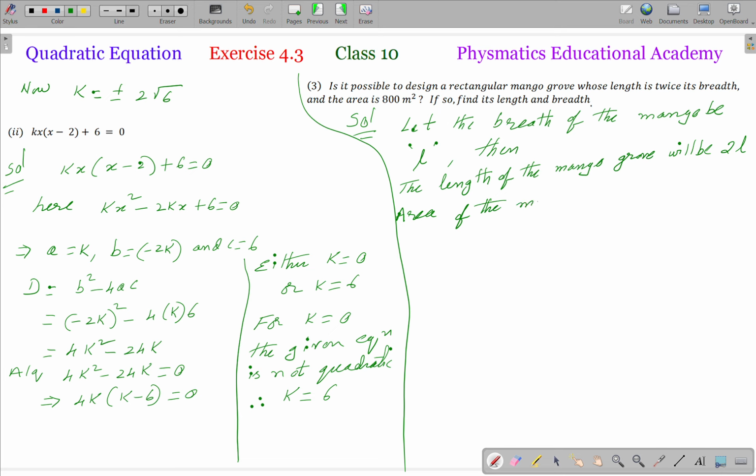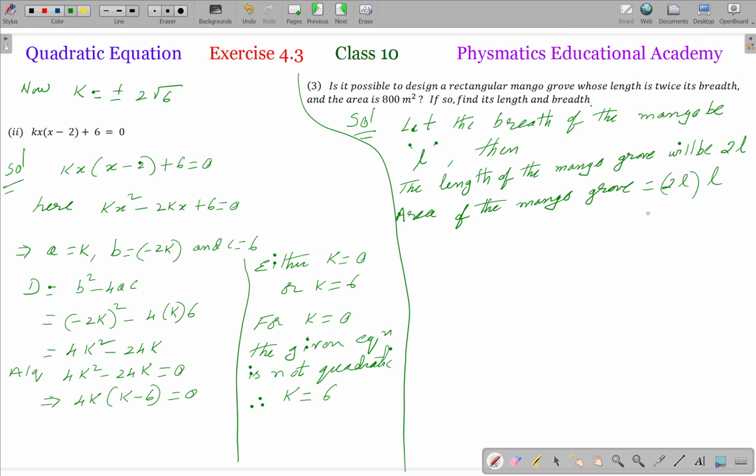Area of the mango grove is length into breadth. So breadth is L, length is 2L.